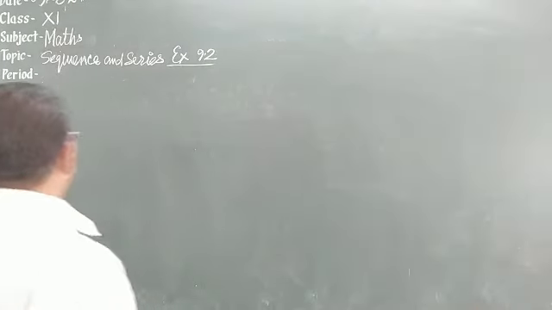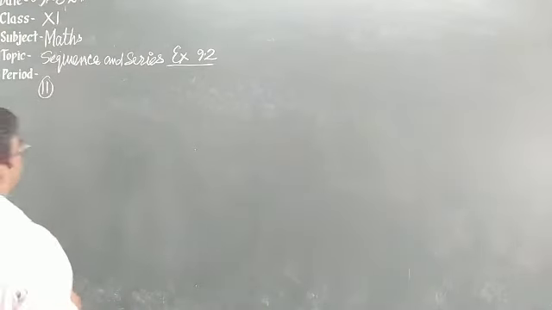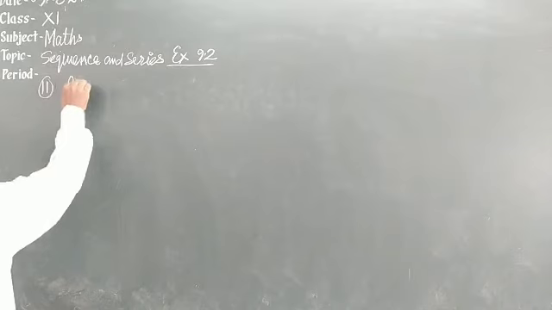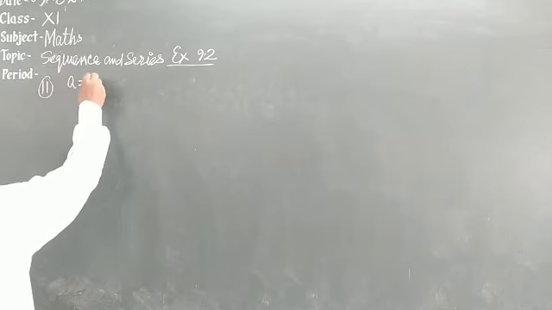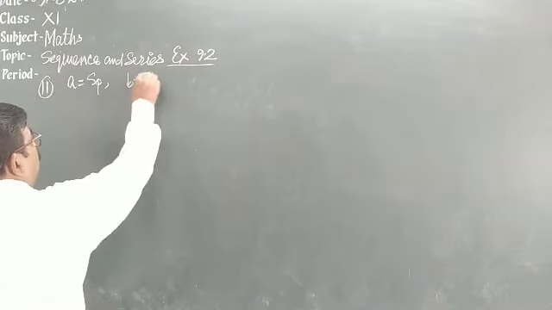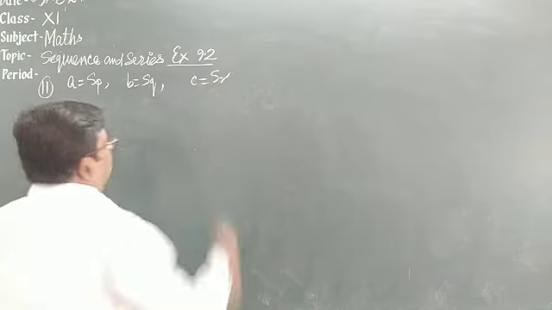First we note it. We are given A is equal to SP, means sum of P terms. B is equal to SQ and C is equal to SR.